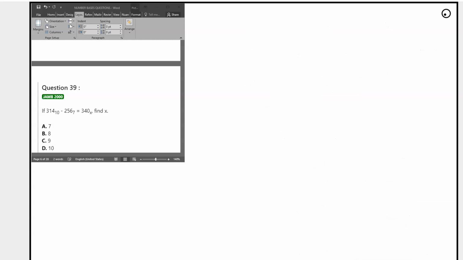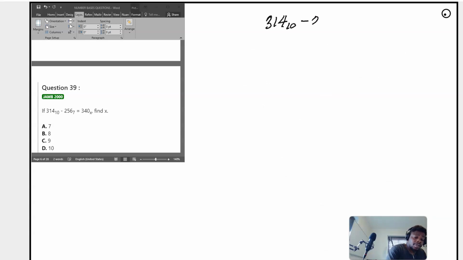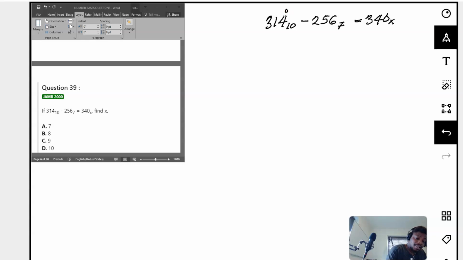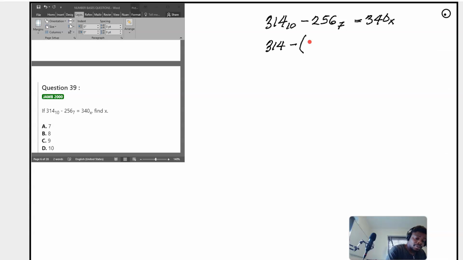But there's another way we can solve this question, which is 314 base 10 minus 256 base 7 is equals to 340 base x. Okay? So if I convert this one, that one is already in base 10. There's no conversion here. So 314. Let's convert this one to base 10. 2 times 7 raised by 2, plus 5 times 7 raised by 1, plus 6 times 7 raised by 0.